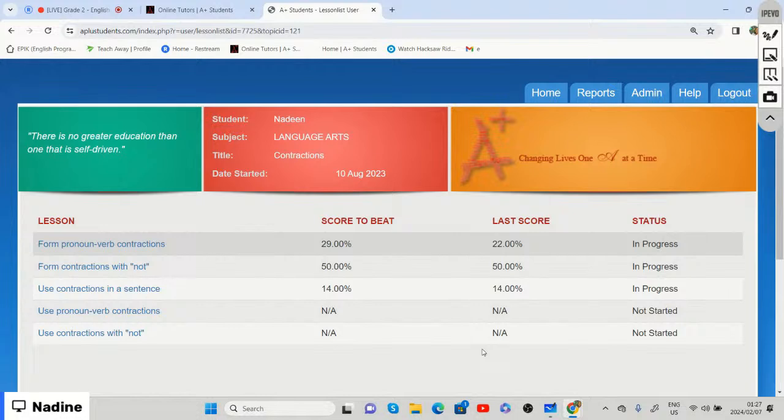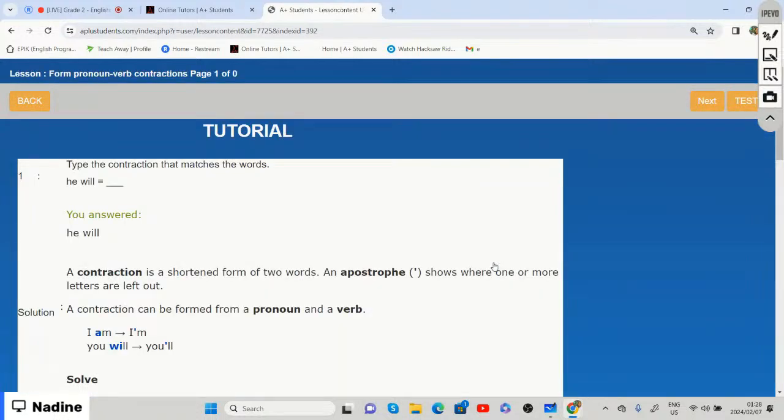And we see that we're only doing two of the many lessons that we have under the chapter of contractions. So now we're going to the first one, which is to form pronoun verb contractions.